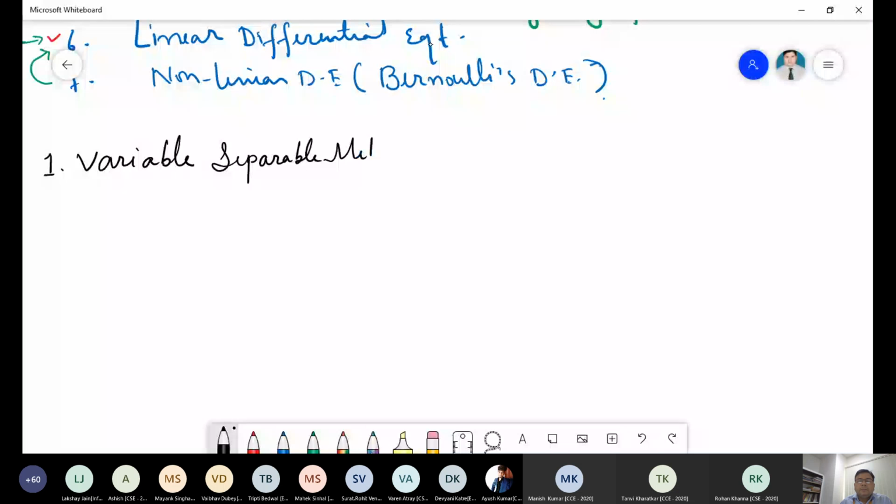Separable method. Okay, so the standard form is how we can solve it.